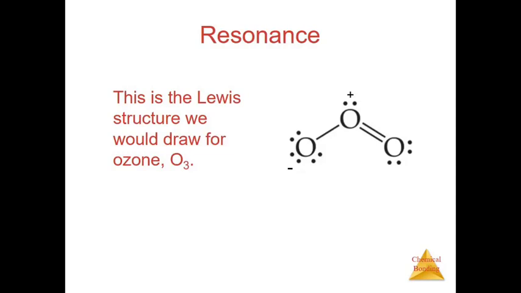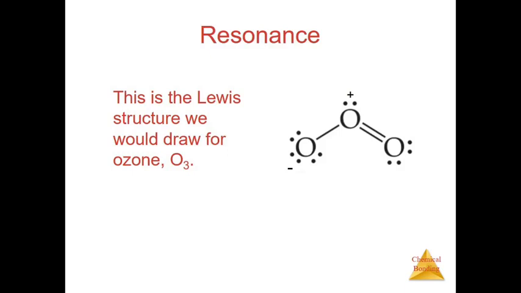Getting into resonance structures, resonance means to resonate or move back and forth. You'll have resonance structures with some of our compounds that have multiple bonds, but you need a multiple bond so that we can resonate. In this example, this is ozone, O3, and there's the Lewis structure for it.